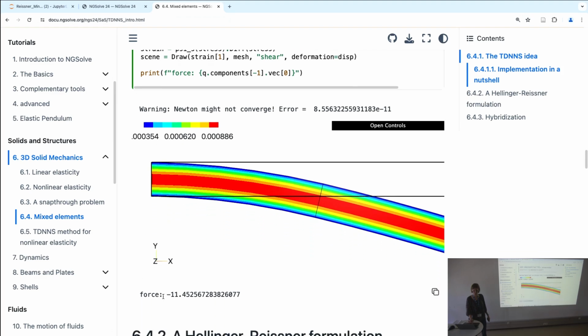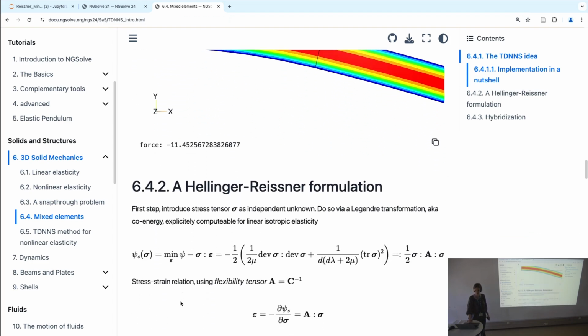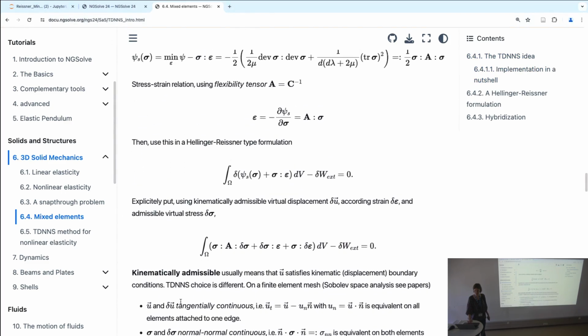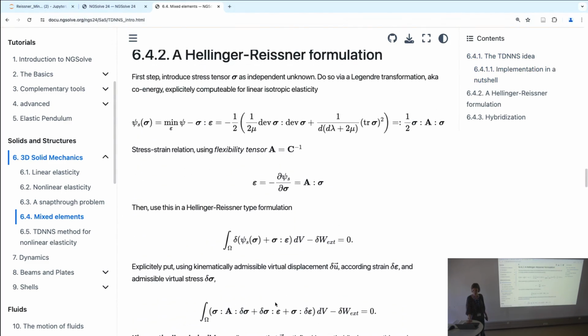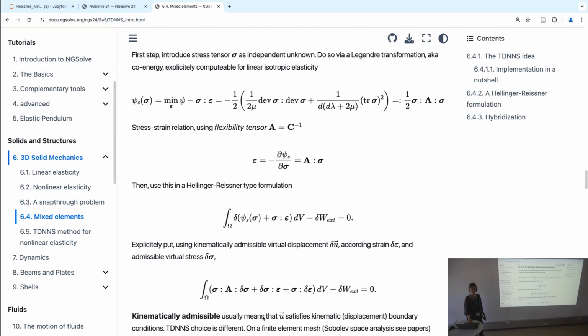When we compare the force, we see 11.45. That's even below the force we had before. So the forces and stresses are underestimated in this mixed method. Yeah, and so that's the formulation we use in the end. A Hellinger-Reissner type formulation where we do a Legendre transformation to get the stresses in there.